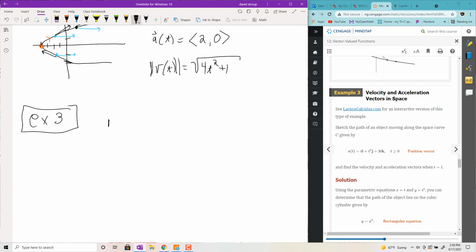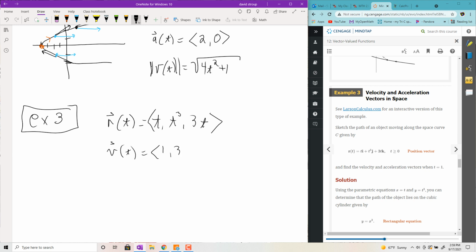So if they give you the position vector here, t, comma t cubed plus 3, and then 3t. Let me put it in the angle bracket notation. So there we go. Okay, so pretty simply, to get your velocity, you just take the derivative of the components.